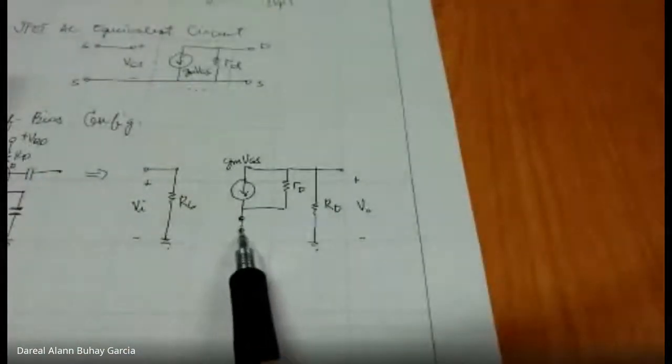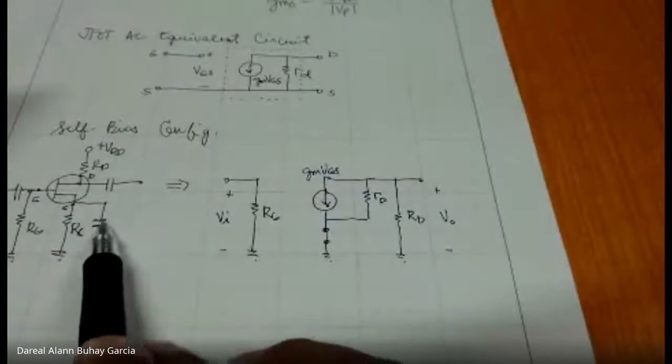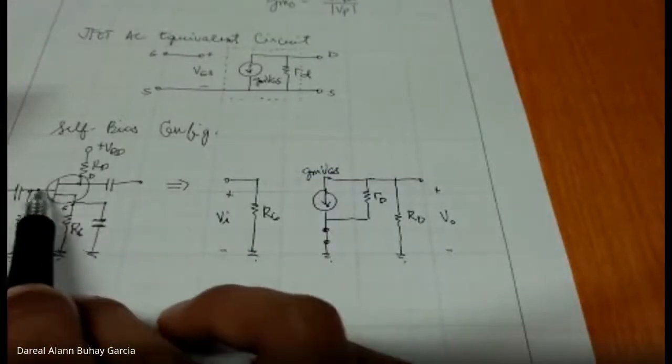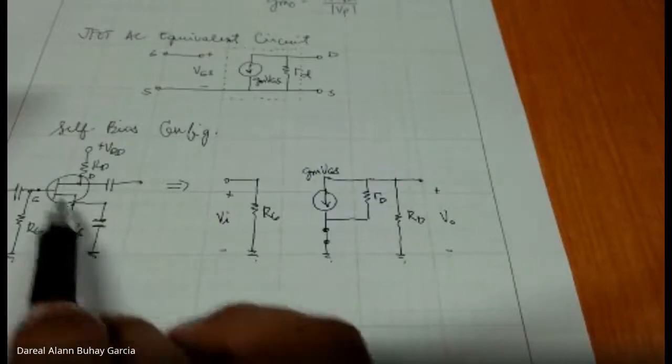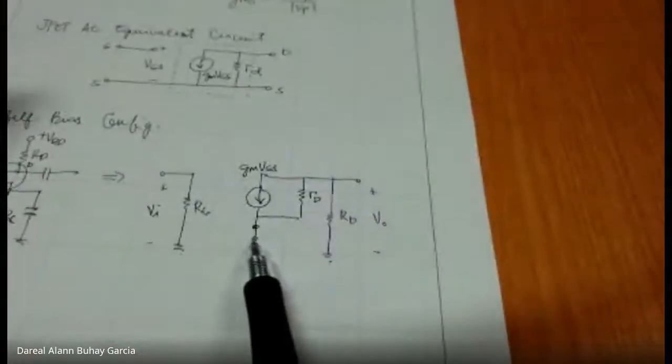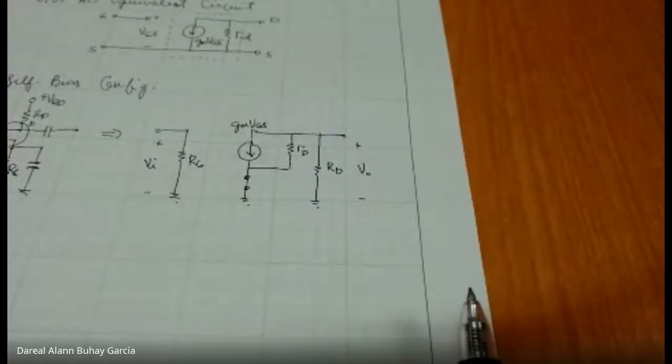But, na-replace siya og short because na may bypass capacitor here. So, ang current na to dili mo agi. No current will pass through RS. So, nawala siya. Such that, pwede na to ma-simplify pag more ang atong redrawn circuit into naging ani.